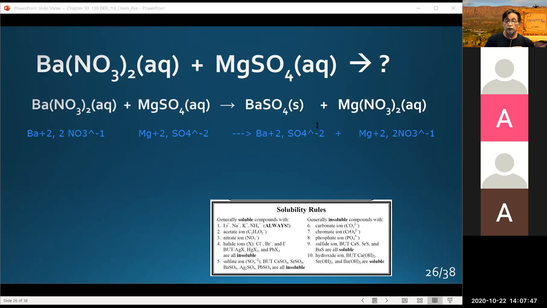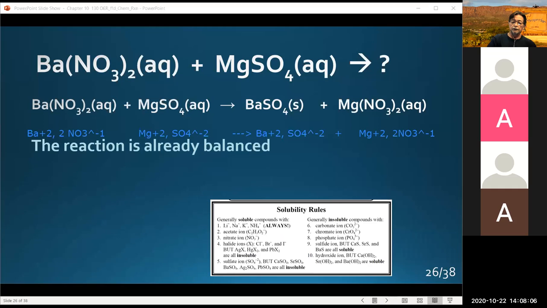The barium, 1 barium as reactant and 1 barium as product. So just by default, because of the charges of the cations, they are balanced. So the reaction just balances out all by itself.